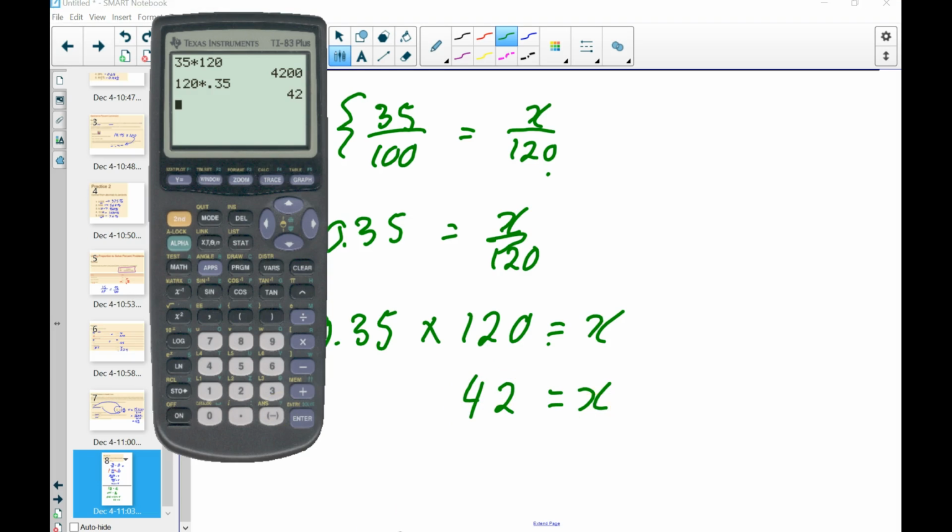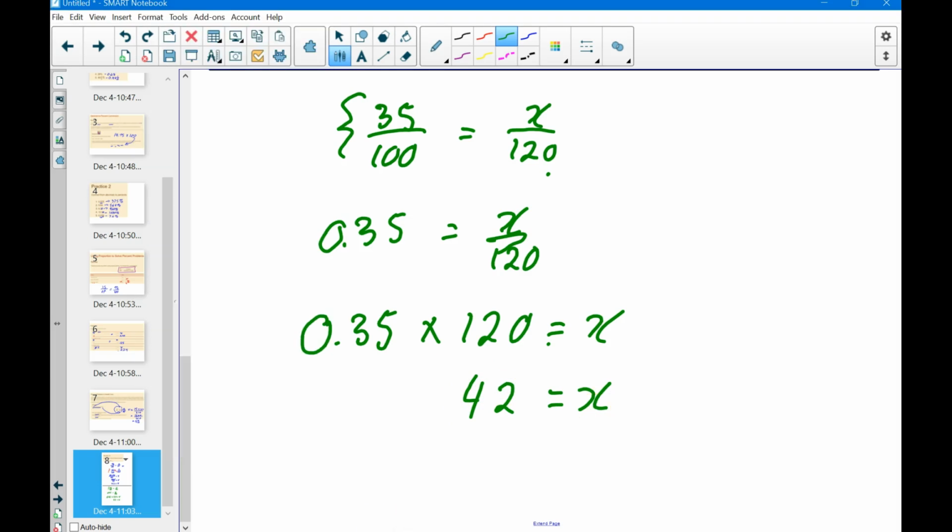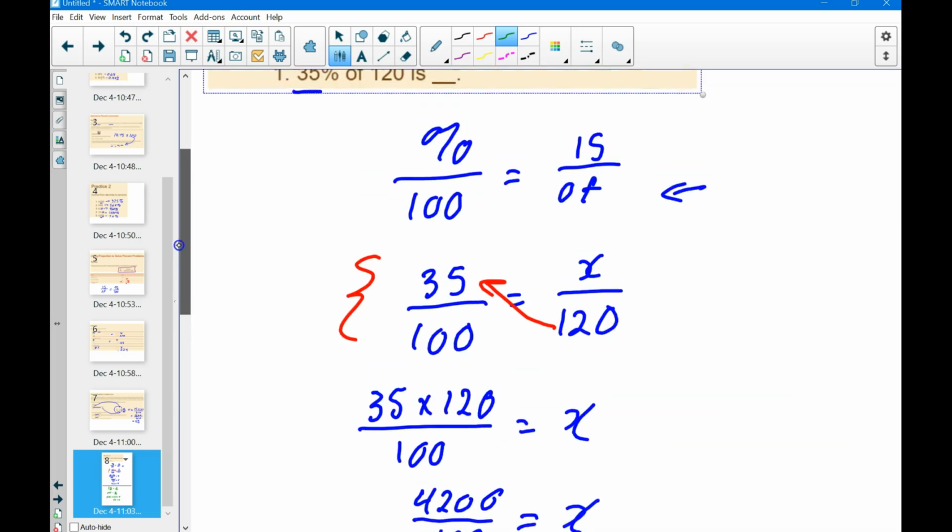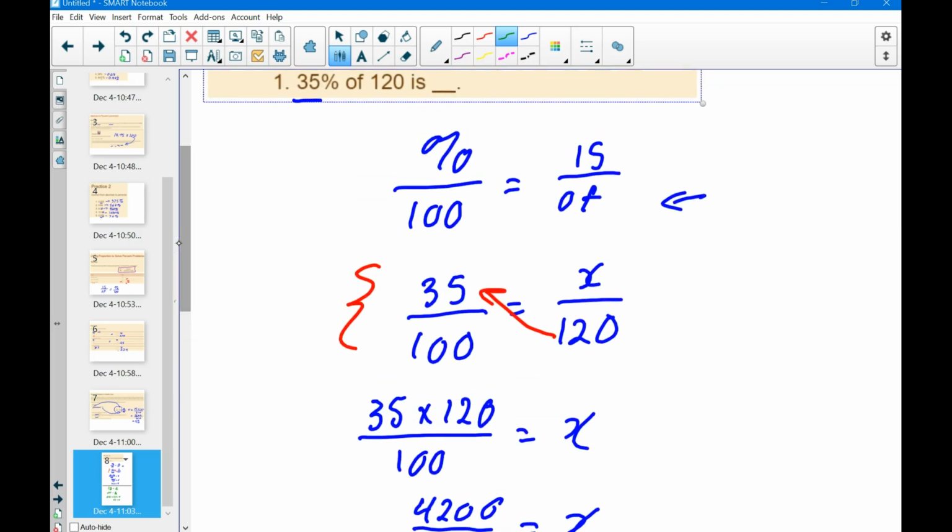So if you want a shortcut, you take a percentage of a number, multiply the decimal by that number, and you get the answer. So 35% of 120: take 0.35 times 120, and you get your number. But if you don't like that, or you find it confusing, you can go back to the old reliable: set up the equation, cross multiply, and life is good.